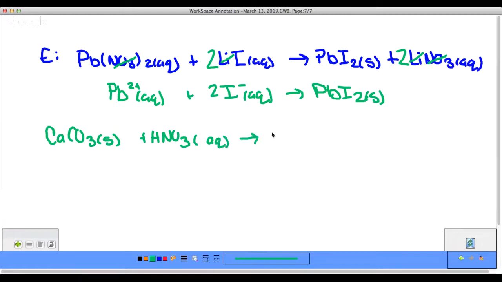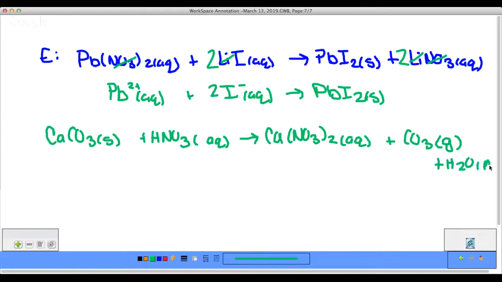What you're actually going to produce is calcium nitrate, and that's going to be aqueous. And then you're going to produce some carbonate gas, CO3, and some water. I don't think that's CO3. I think this is supposed to be CO2.